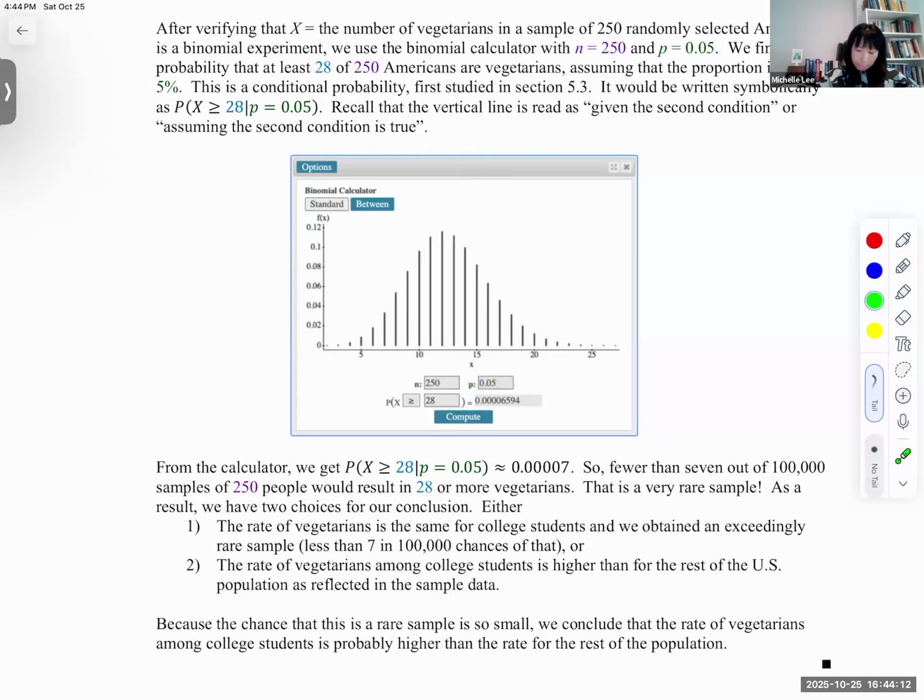And the number we had for the college students is 28 out of 250, as we calculated earlier. So 28, and then we get 0.000065.